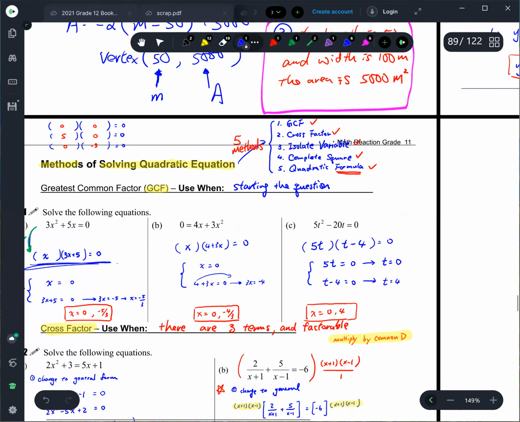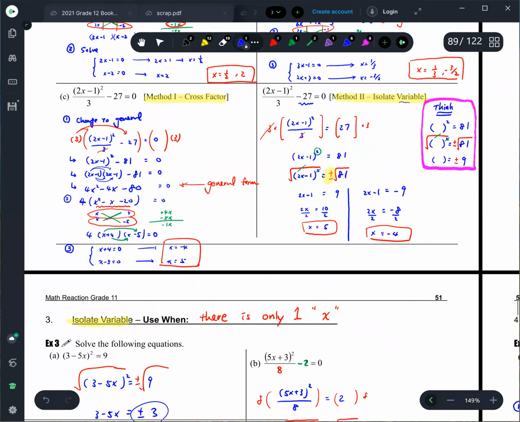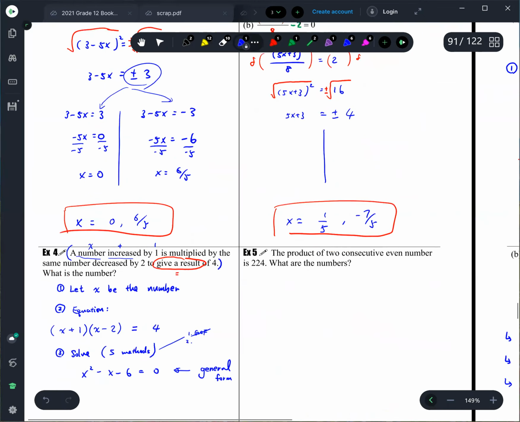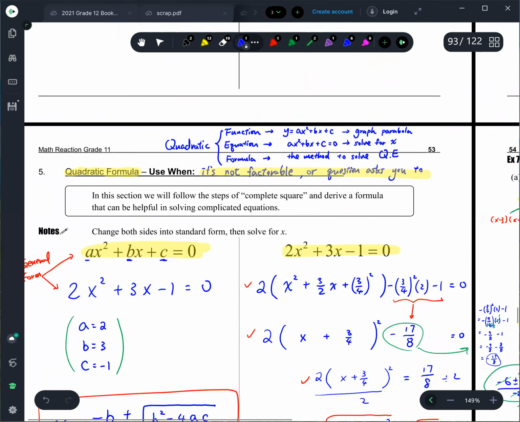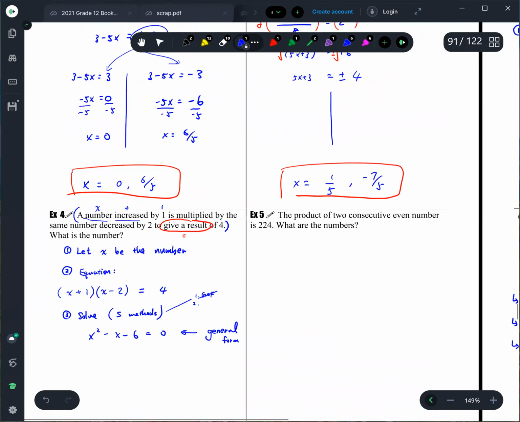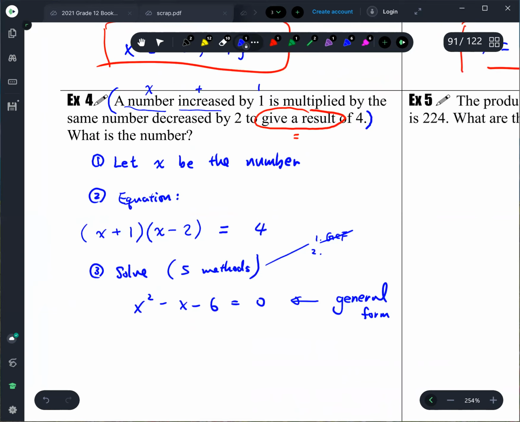Page 50. Right. Second method. After GCF, cross multiplied it. Yes.